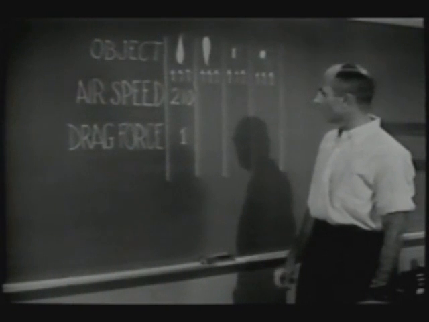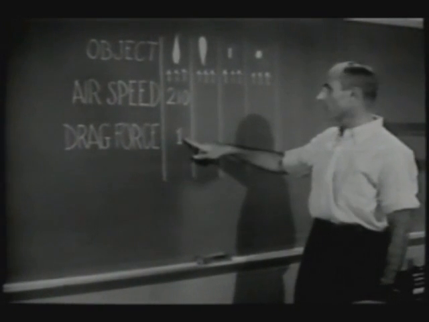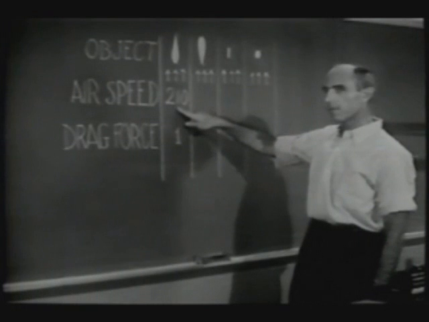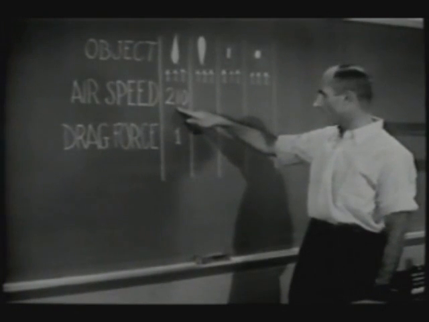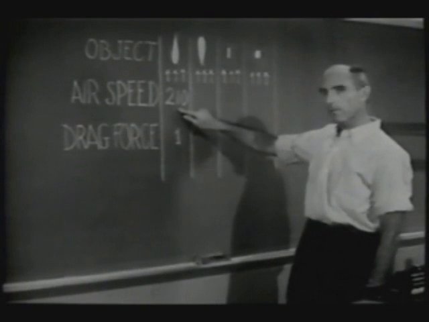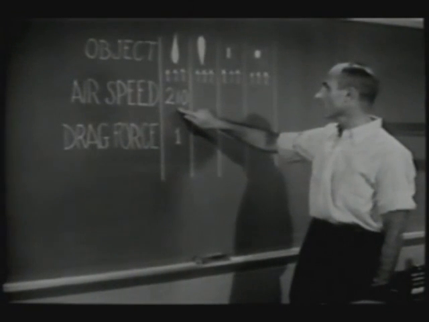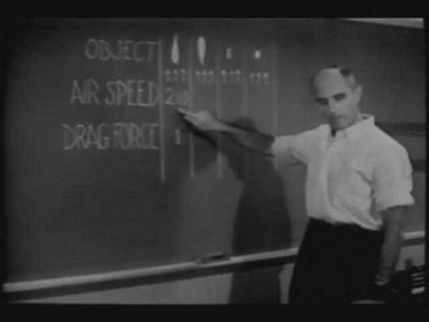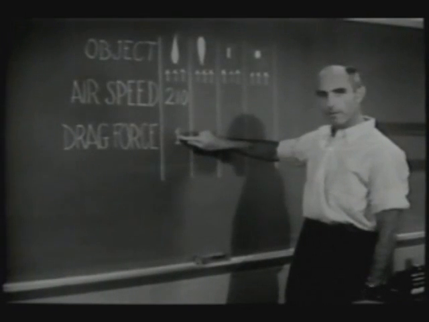As you saw, the drag force was 1 unit when the airspeed reached 210 miles per hour. In the experiments to follow, we will reproduce this same airspeed of 210 miles per hour while we measure the drag to compare with a figure of unity.